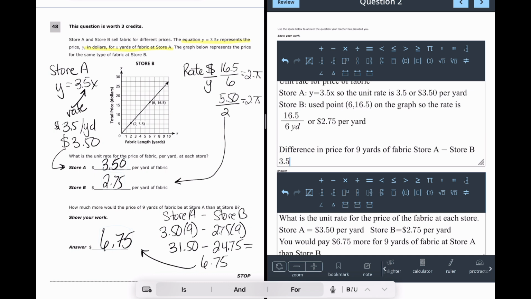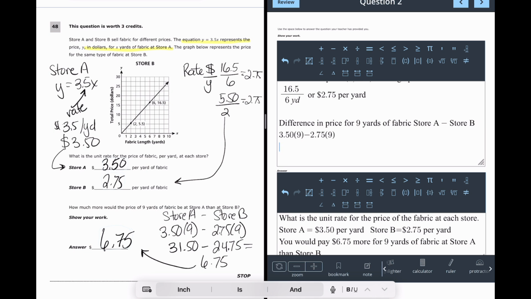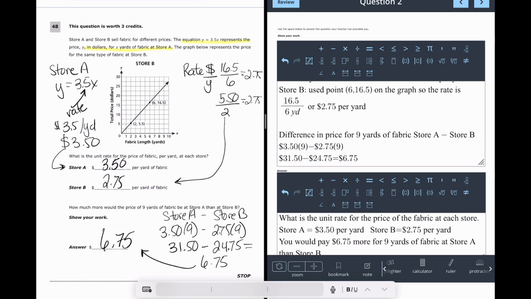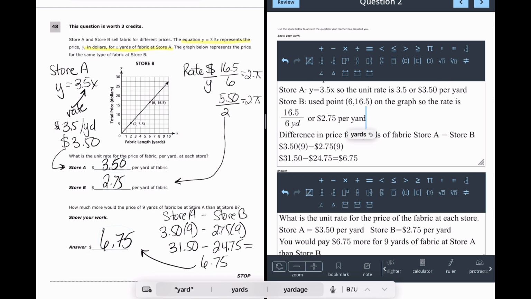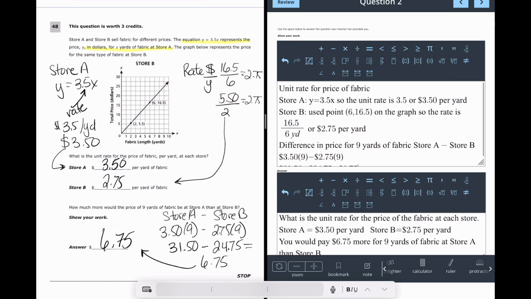I just did $3.50 times 9, that's store A, minus $2.75 times 9, that's store B, and I get for my price here $31.50 minus $24.75. Again, all I'm doing is copying, which is equal to $6.75. So that's it. The only thing I'm adding in here are just my dollar signs. That's basically it. I'm just going to look over all my work, starting with the bottom.